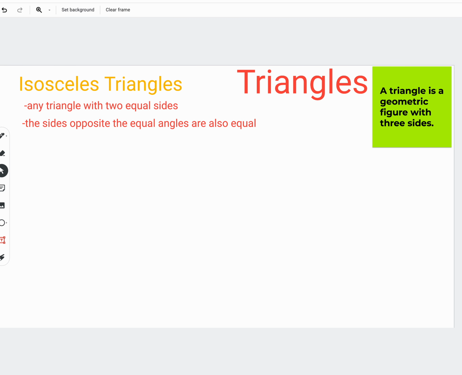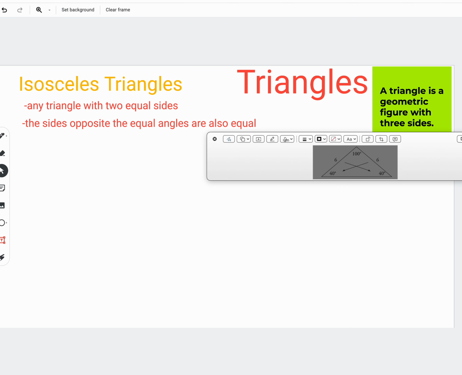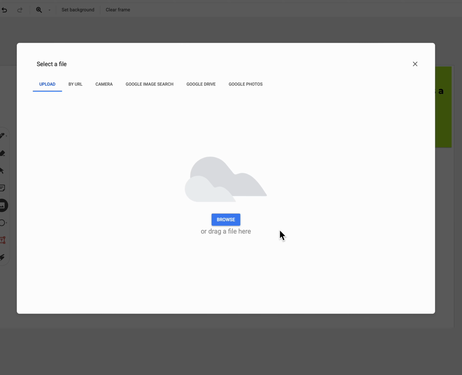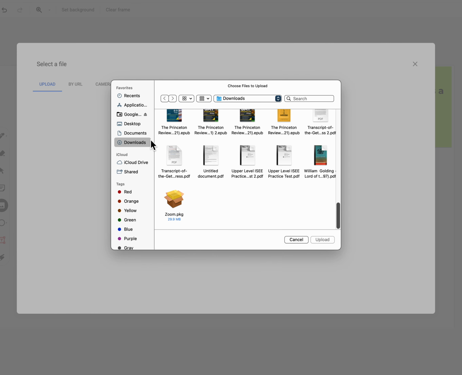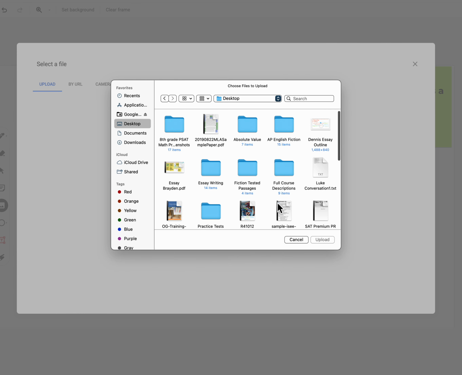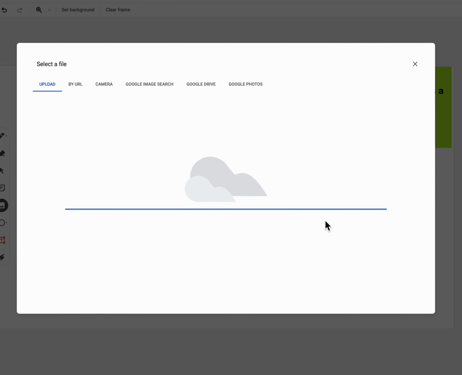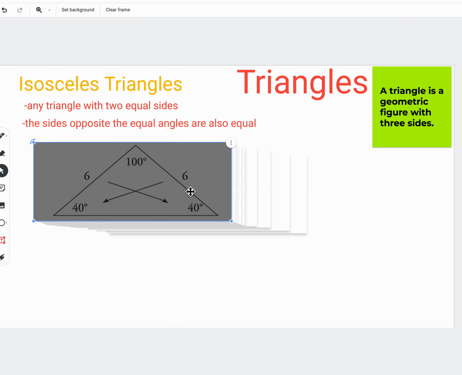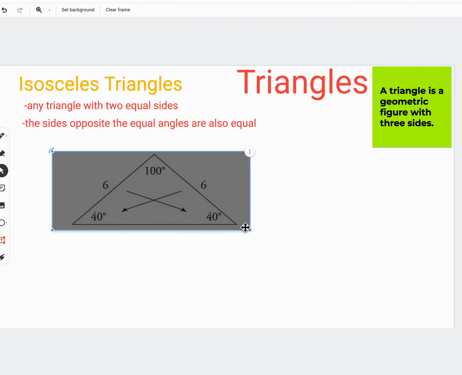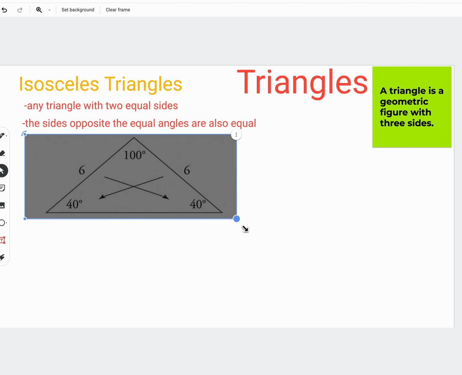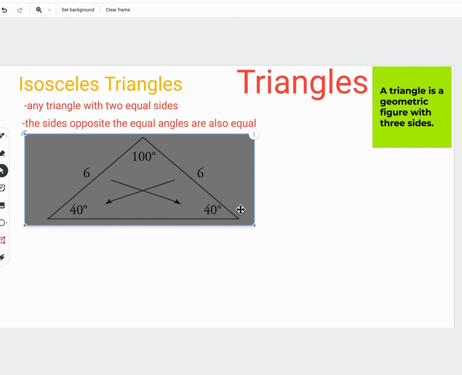Let's take a look at a figure. This particular isosceles triangle has two equal sides of length 6 and therefore two equal 40-degree angles.